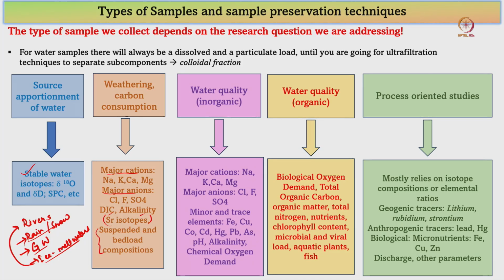Again, if I want to understand the water quality of that particular aquatic system, I would measure major cations, major anions, and a few target elements. If not all, which is definitely the best thing that can happen, at least these elements we need to measure: for instance, iron, copper, cobalt, cadmium, mercury, lead, arsenic.